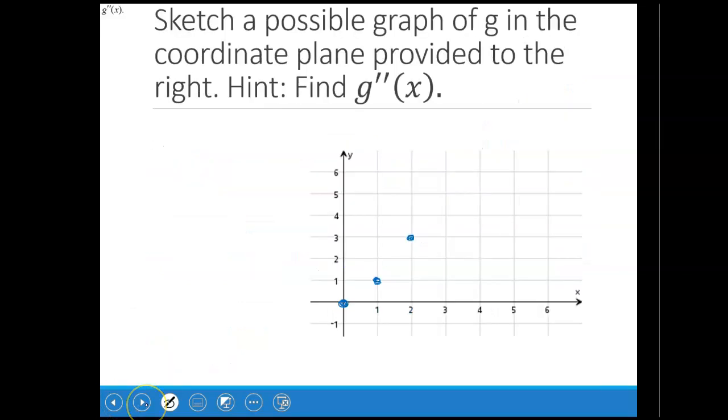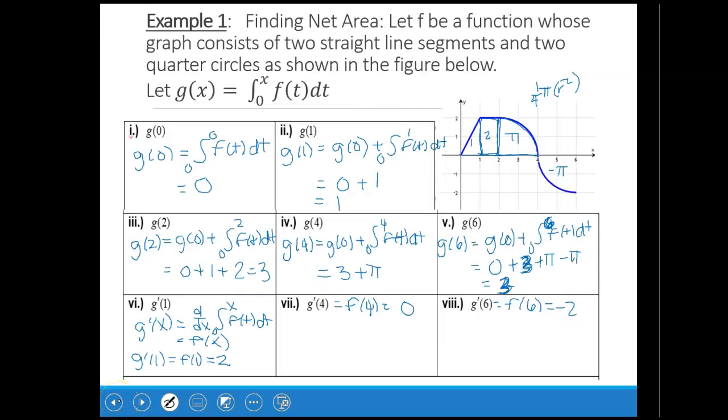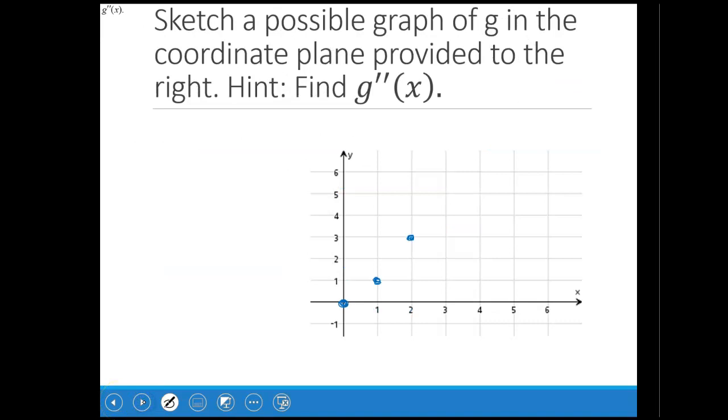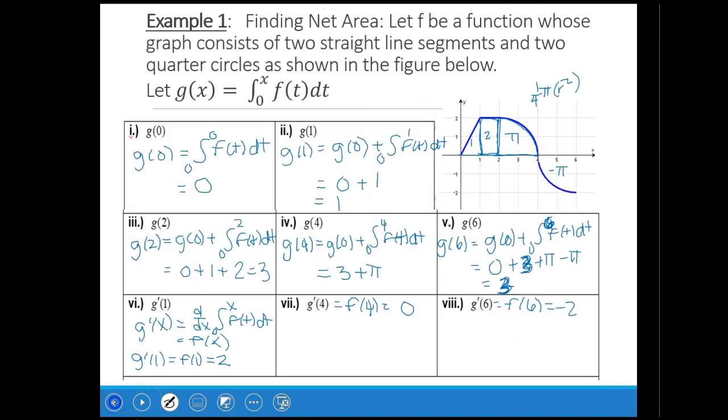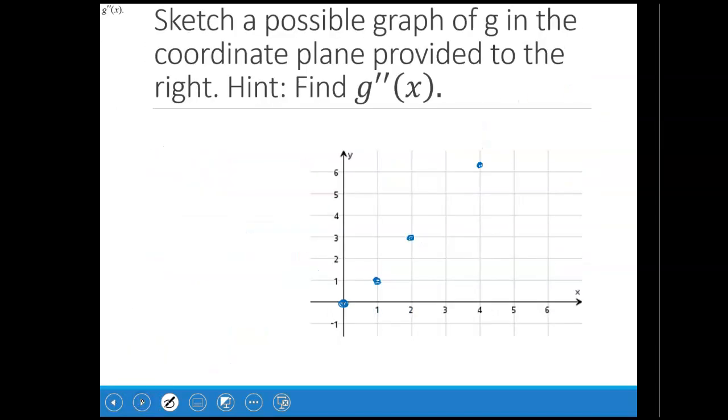So 3 plus 3.14 is kind of like 6.14. 6 is back at 3.